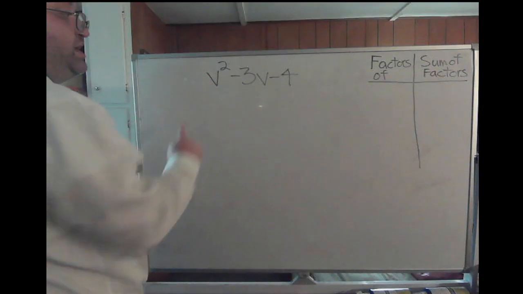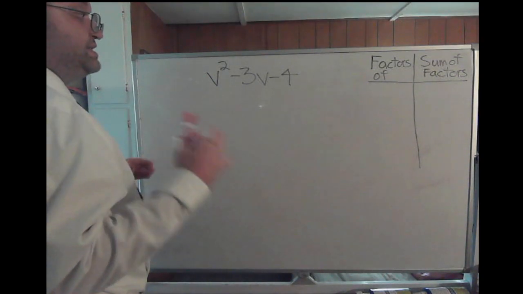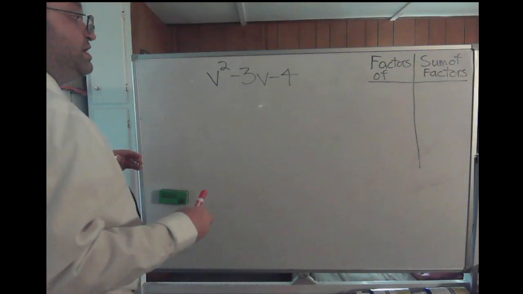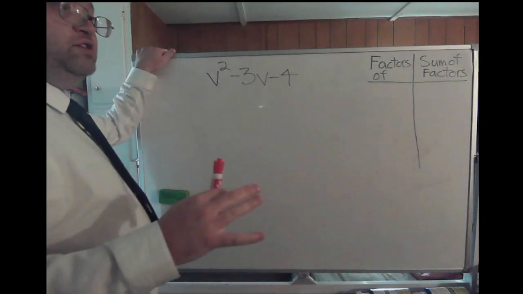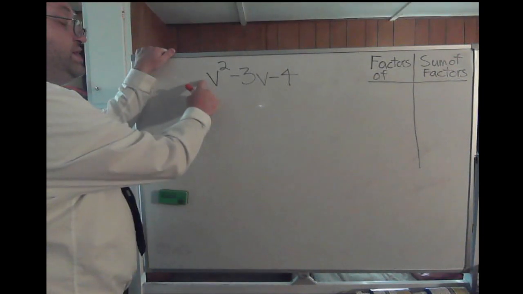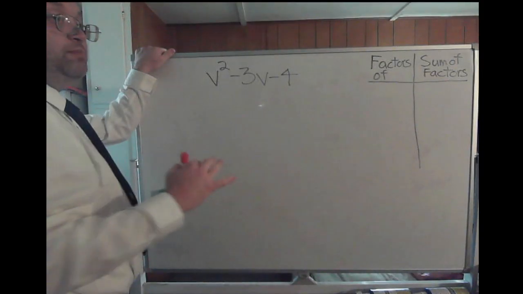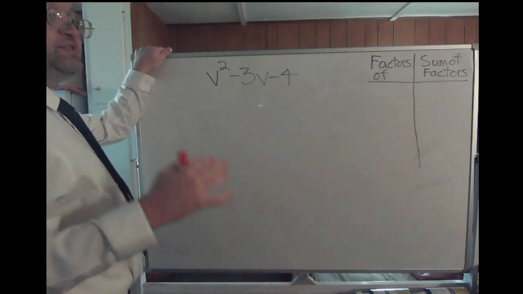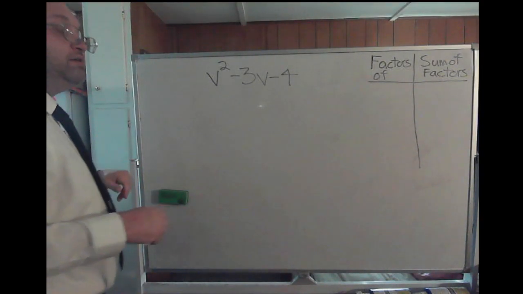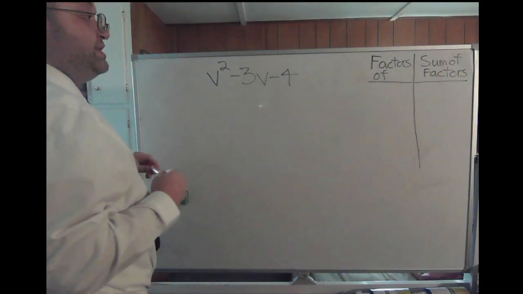The coefficient on the v squared term is 1, so that's going to make everything a lot easier. The next lesson we're going to deal with is when you have a coefficient on the second power term at something other than 1. That's where it can get a little bit complicated, but we'll deal with that in the next lesson.